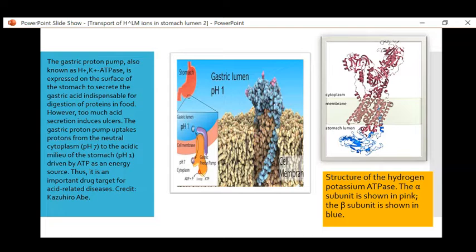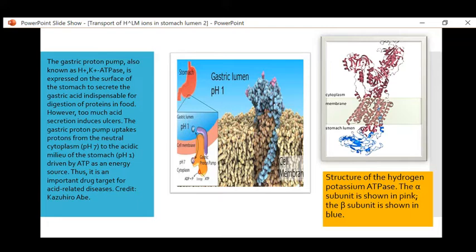In figure 1, we can see the gastric lumen with pH 1. This is none other than the gastric proton pump, also known as hydrogen potassium ATPase, which is expressed on the surface of the stomach to secrete the gastric acid indispensable for digestion of proteins and food. However, too much acid secretion induces ulcers, which can cause a problem.